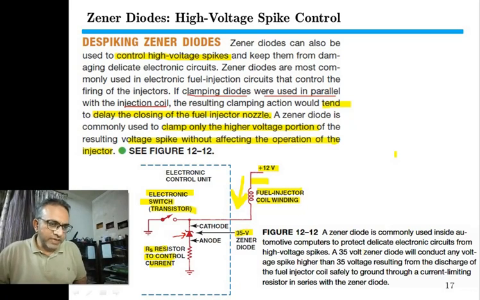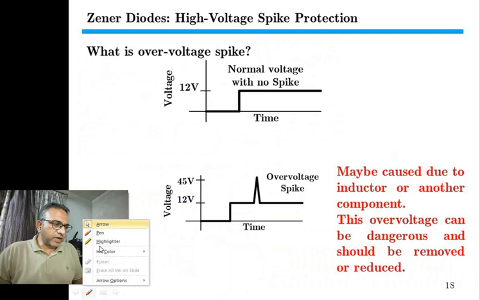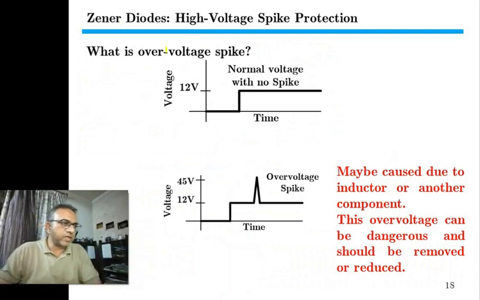Okay. So in the next slide we will see what is meant by over voltage spike control, and how the Zener diode will help us in controlling the voltage spike. In this slide we will see the definition of over voltage spike.